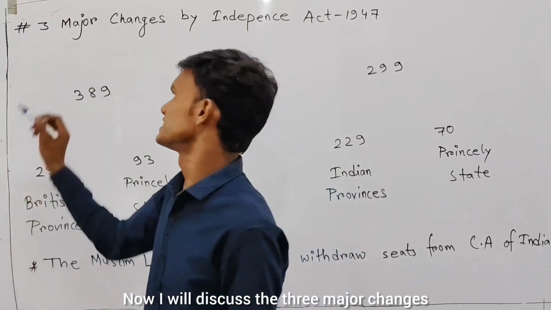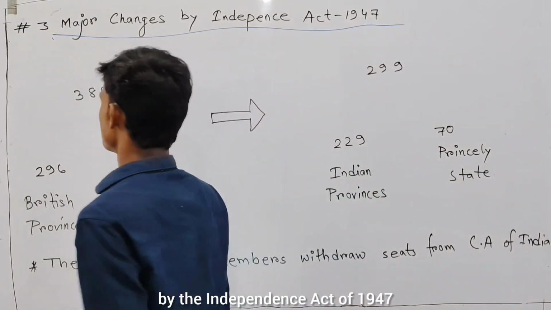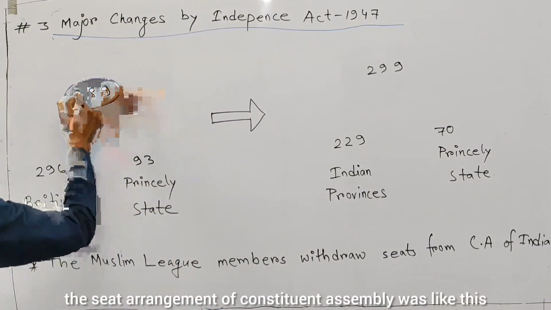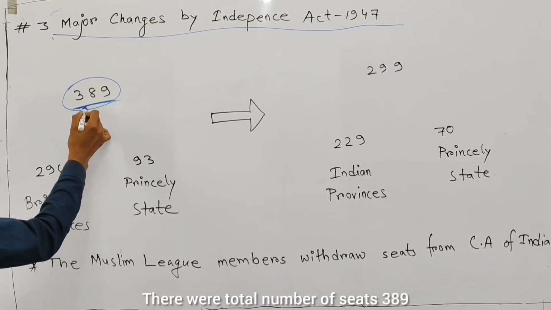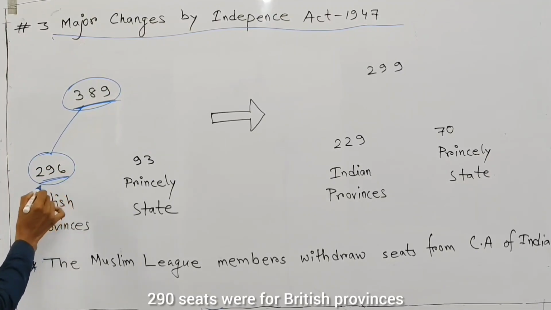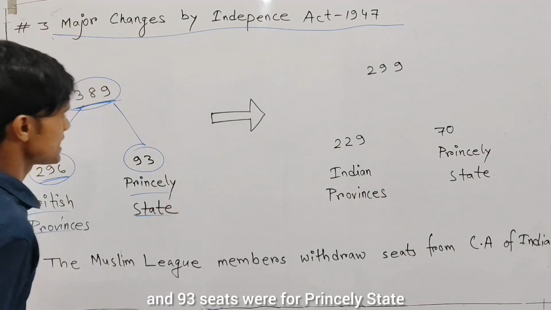Now I will discuss the three major changes by the Independence Act of 1947. In 1946, the seat arrangement of the Constituent Assembly was like this: a total of 389 seats, and out of 389, 292 seats were for British provinces and 93 seats were for princely states.